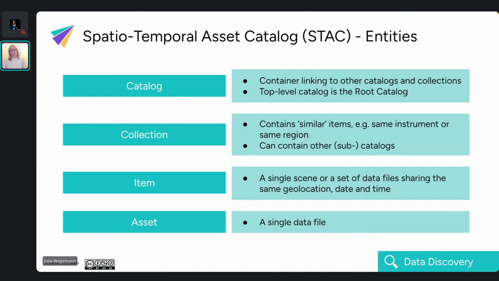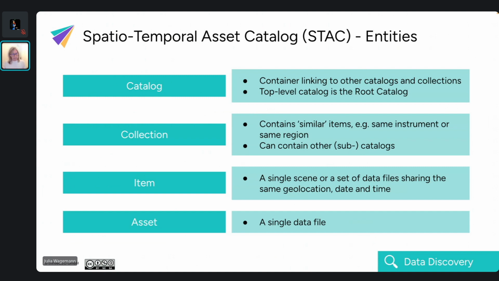Now, how STAC is organized, which they also call entities. There is a catalog, which is a container that links to other catalogs and collections, and the top level of the catalog is the root.